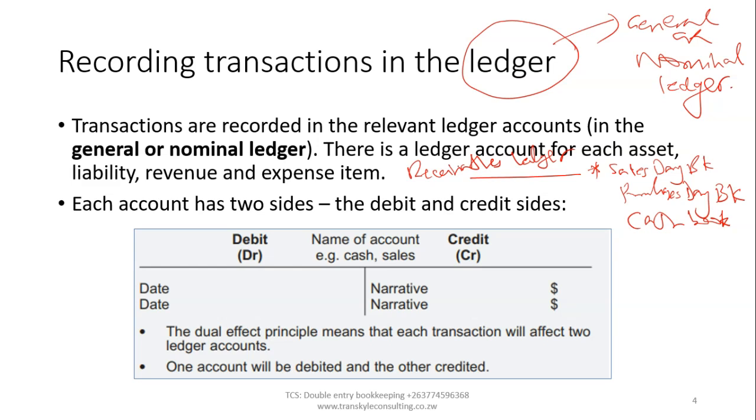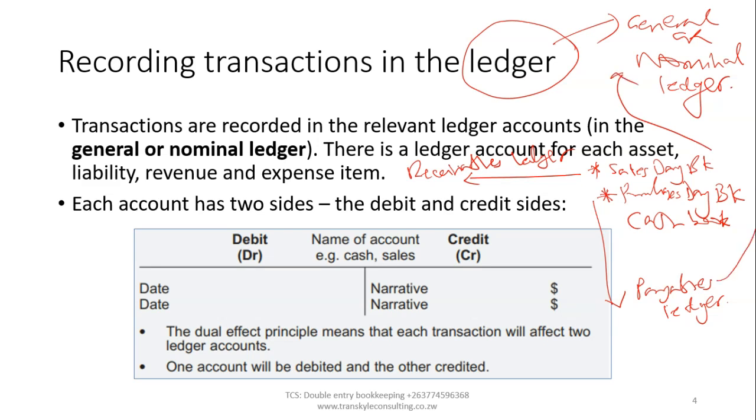Similarly, if we buy goods from a wholesaler on credit, we record such a transaction in our purchases daybook. But we then transfer that information to the payables or purchases ledger, the payables ledger. Then we also transfer this information to the general ledger.